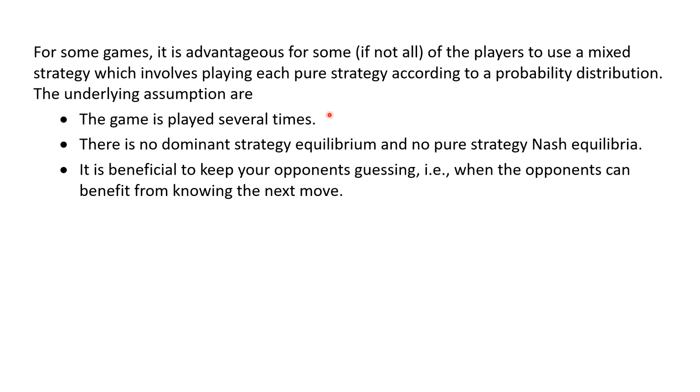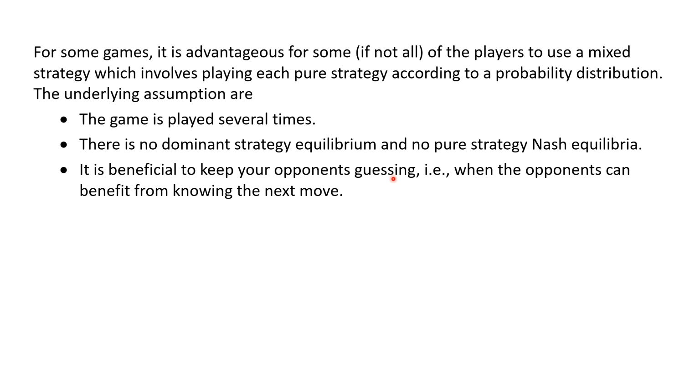The game is played several times, so we saw again the rock, scissors, paper game. The idea is you don't just play that once. There's no dominant strategy equilibrium and no pure strategy Nash equilibria. So we saw an example of this towards the end of the last lesson, and we'll come back to that. And it's beneficial to keep your opponents guessing.